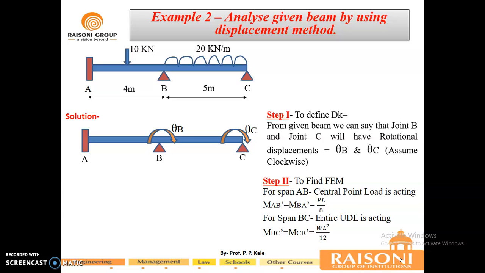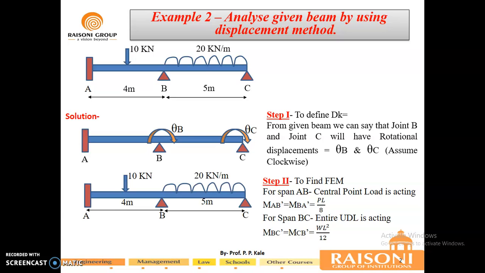Now to find the fixed moments for the beam, since this beam is loaded, as you have studied in the fixed beam chapter in your theory of structures or while studying structural analysis, you will have the knowledge of how these fixed moments are calculated.